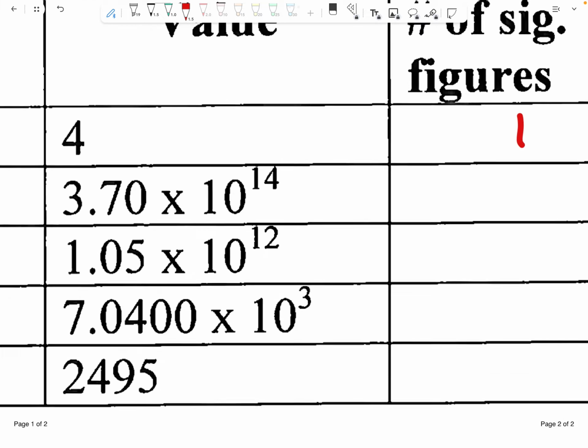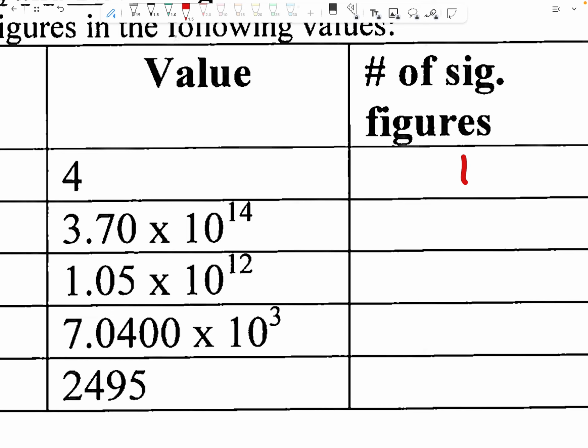In scientific notation, we don't look at anything but the numbers in front of the multiplication symbol. So any of this stuff right here, we don't even need to look at. So in the number 3.70, that 0 does count because there is a decimal right there. So there are 3. 1.05, there's a decimal.